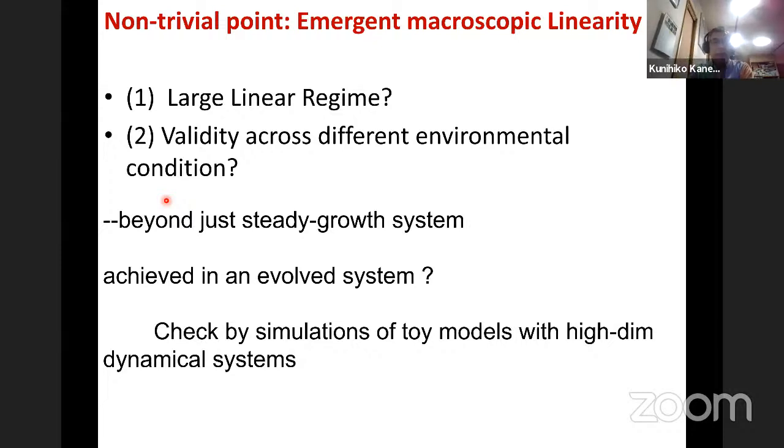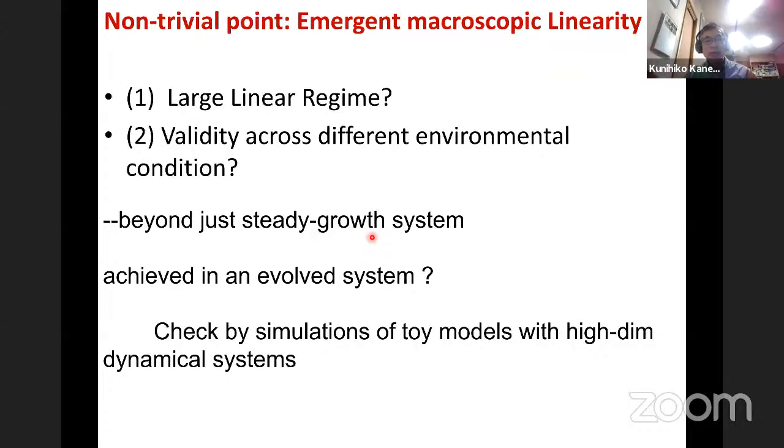And this, we cannot say from just a steady growth system. Of course, bacteria are not just a steady growth system. It's achieved as a result of evolution. So we can check if this is a result of evolution, but this is difficult from experiments.